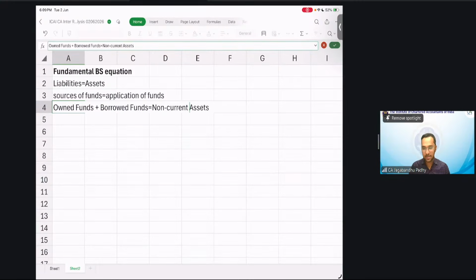So non-current assets plus net current assets, and any sort of investments.